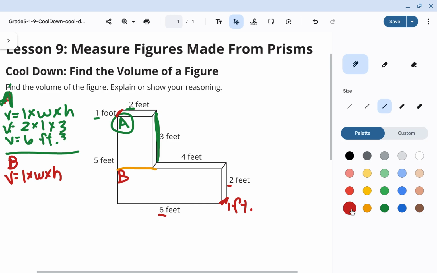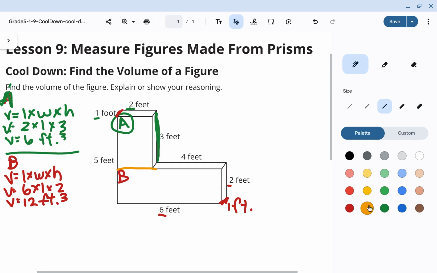So we are going to have a width of 1. So we're going to have a length of 6, a width of 1, as we just said, and a height of 2. Now 6 times 1 times 2 is going to give us an overall volume of 12, and that is 12 cubic feet. That is the volume of prism B.